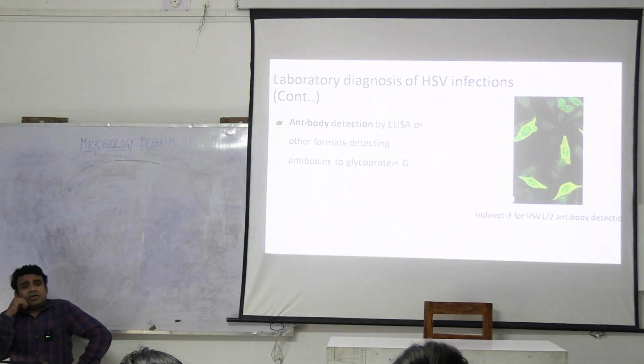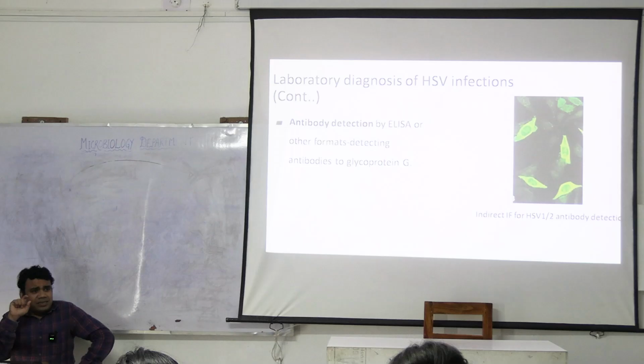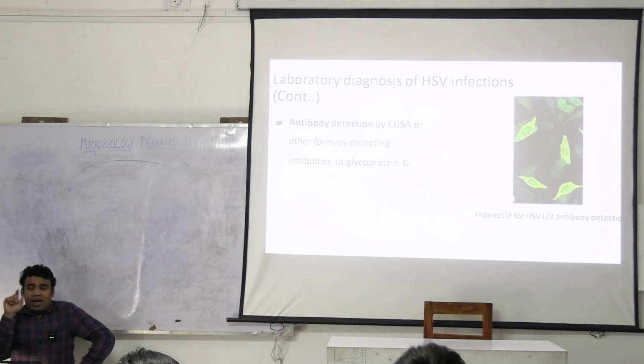Nowadays, we can detect it more rapidly with the help of something called indirect immunofluorescence. So what is indirect immunofluorescence? We use particular fluorescent dyes tagged with anti-herpes virus antibodies. And then when we take the tissue or the fluid from the sample, we allow the antibodies to react.